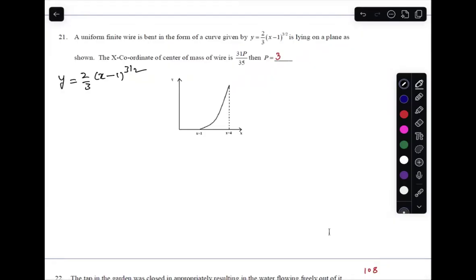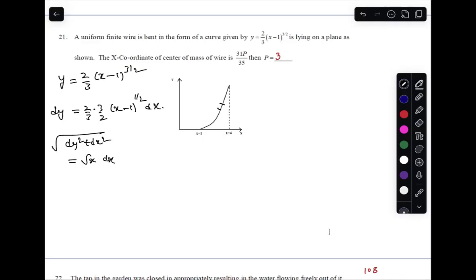So that is y, and you take dy. dy you will get as 2 by 3 into 3 by 2 into (x minus 1) whole power 1 by 2 into dx. So therefore dy square plus dx square, if I take, it will come as root x dx.